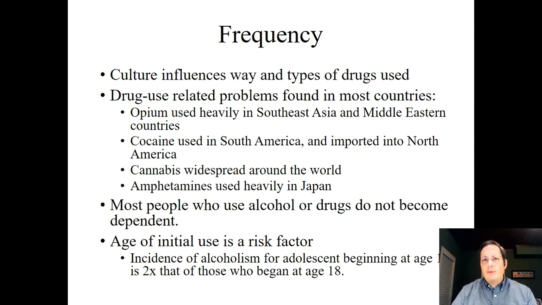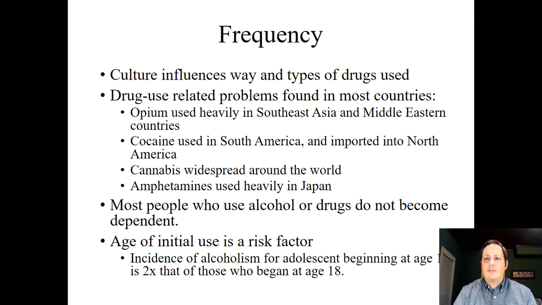Now, most people who use alcohol or drugs are not going to become dependent upon them. I think it's an important point to make. However, the age of your initial use is a risk factor. And there's a lot of reasons for this, but one of the big ones, and we've talked about this previously, and in my adolescence class we go over this a lot, is that the brain in adolescence is still forming.